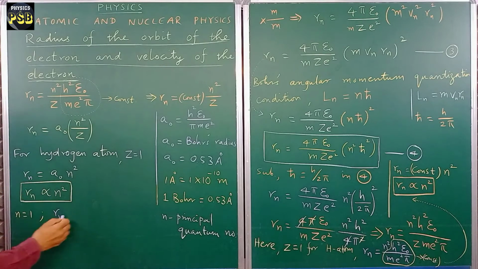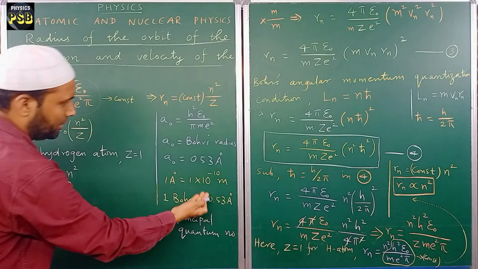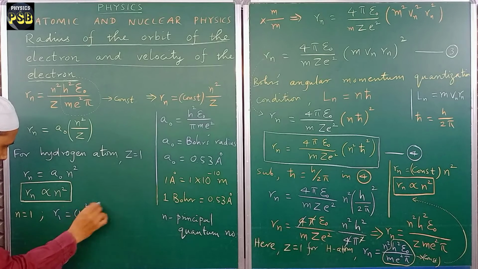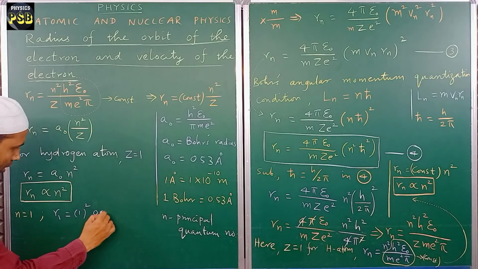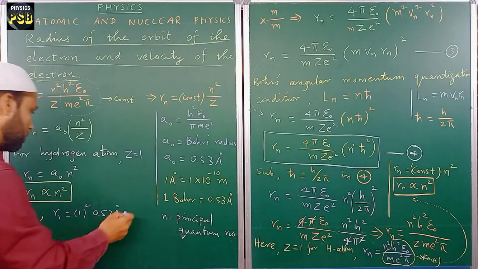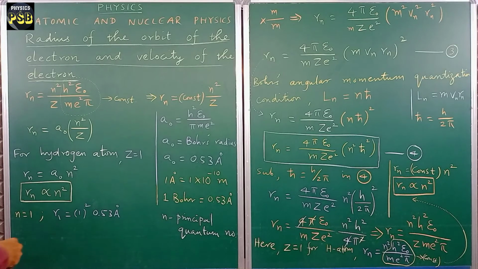In the place of n, I take 1. Then a naught, we know the value of a naught. What is that? 0.53 angstrom. Then here n is 1 square. a naught is 0.53 angstrom. Okay, this is the radius of first orbit.